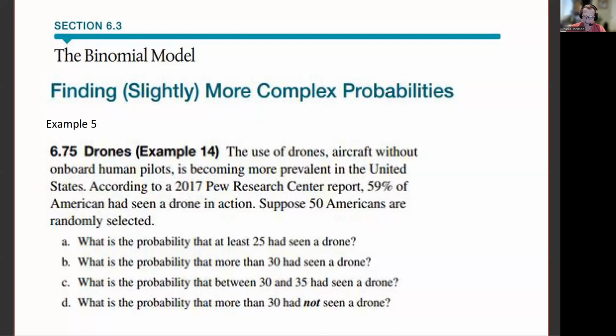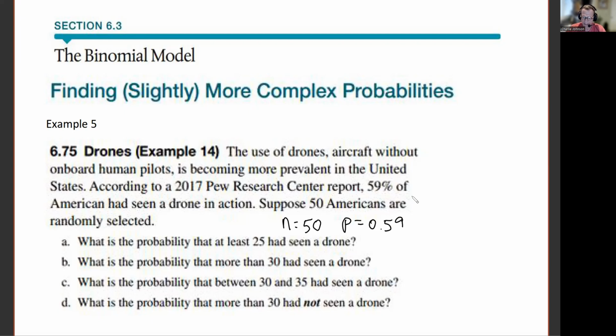The first thing we could see is that when we select 50 Americans at random, those are our trials. So we have n equal to 50 trials. The probability of success, had seen a drone in action, is 0.59.